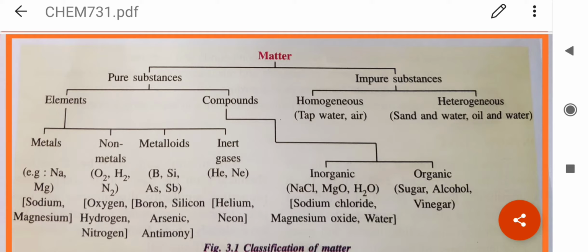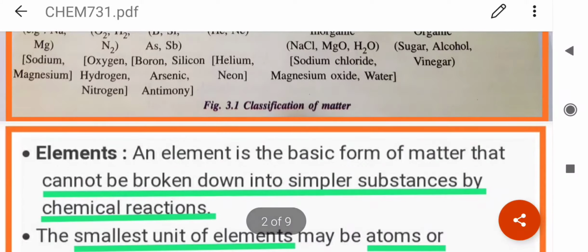And elements are of four types: metals, non-metals, metalloids and inert gases. And compounds may be inorganic or organic. Impure substances are also called mixtures. They may be homogeneous or heterogeneous.